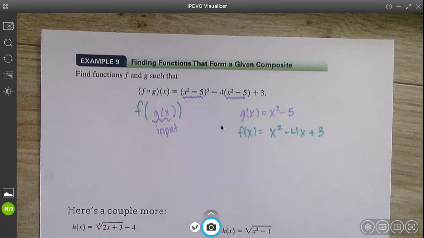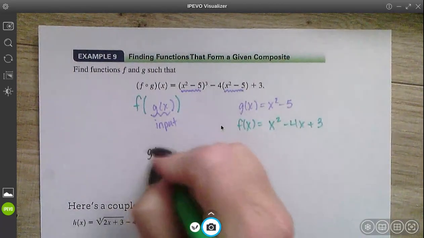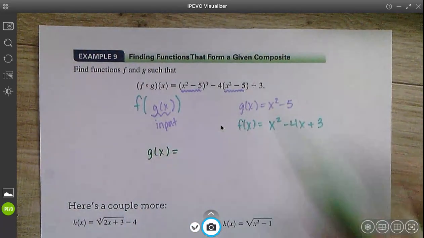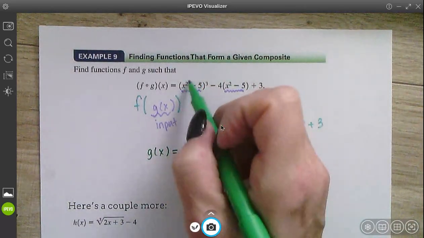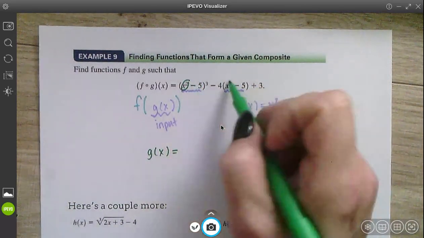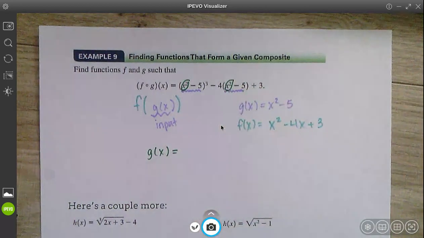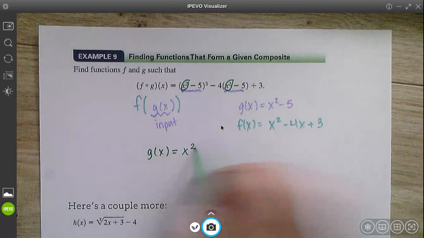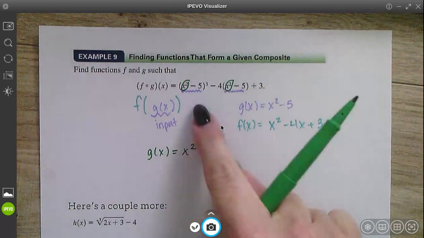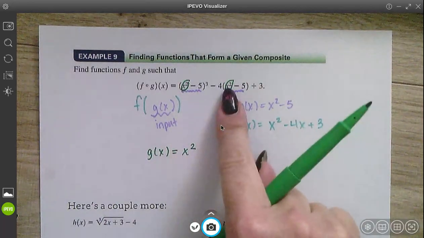Or I could go even further inside. So I could make the replacement that the input function g of x is this x squared right here. If g of x is x squared, then I'm just replacing what I just took out with the letter x.